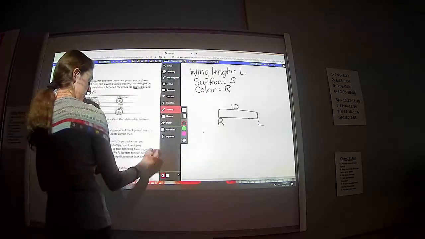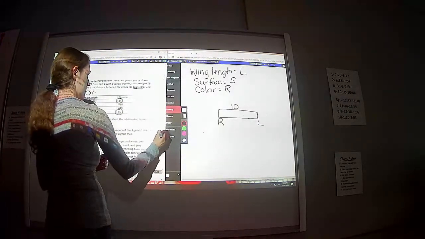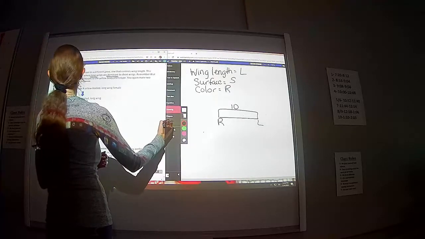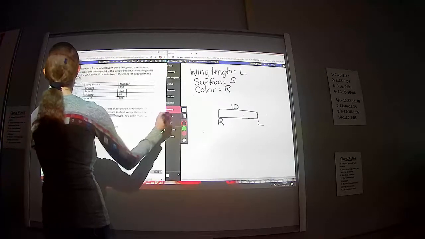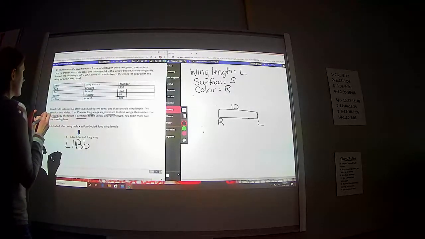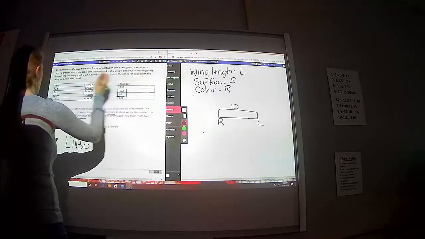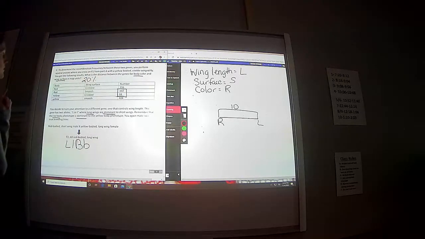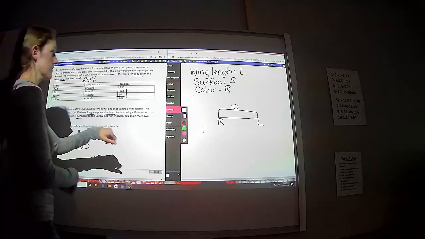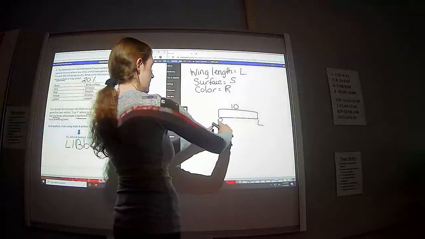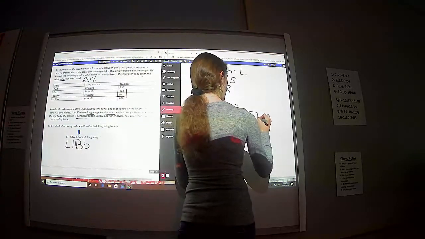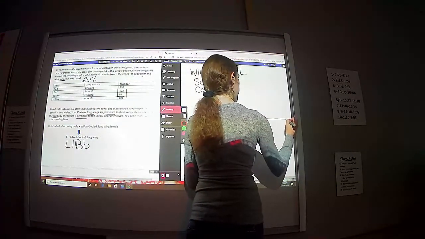And then we know that in part C, we were talking about the wing surface in relationship to body color. And we said that that one was 20. So body color, we're going to wing surface. Surface is S to color, which is R.